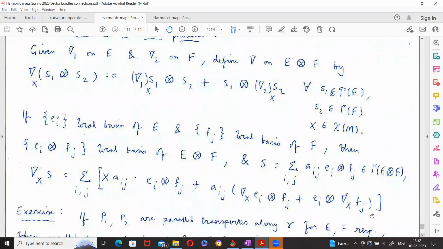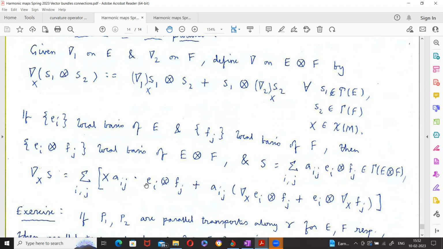So if this first Leibniz rule is to hold, then my covariant connection nabla x of S has to be given by this formula, right?